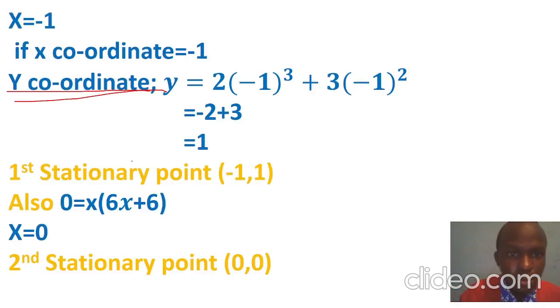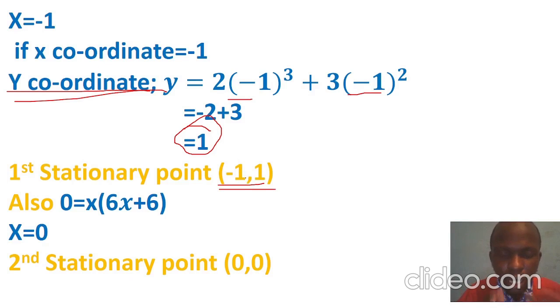You do the substitution with the original function, and then we just plug in the values of x, and then the y coordinate is 1. So for this first stationary point, the coordinate is -1 and 1.